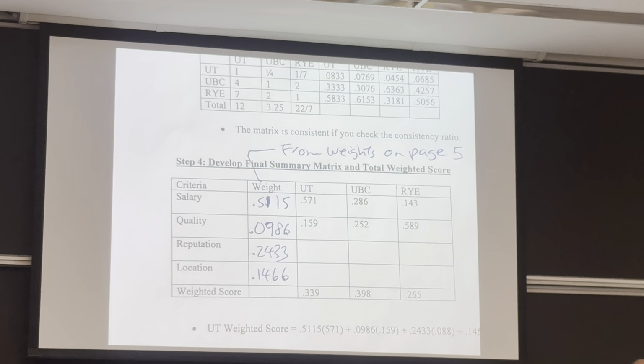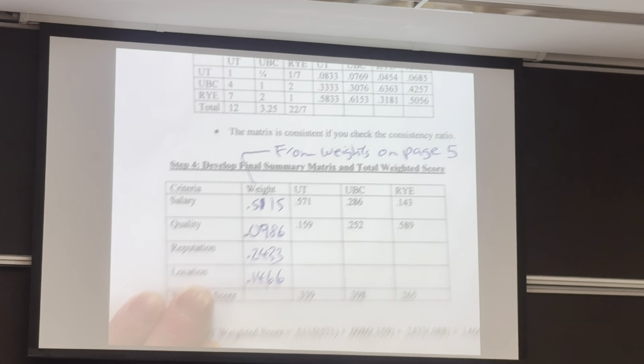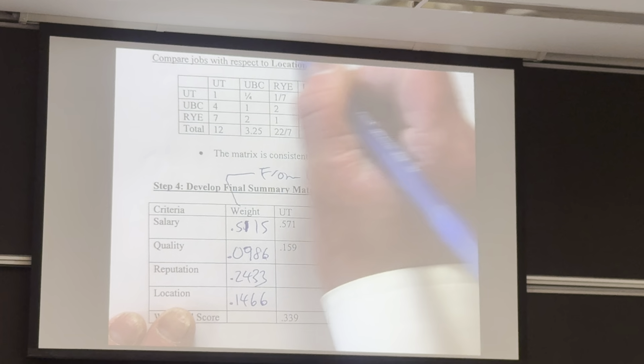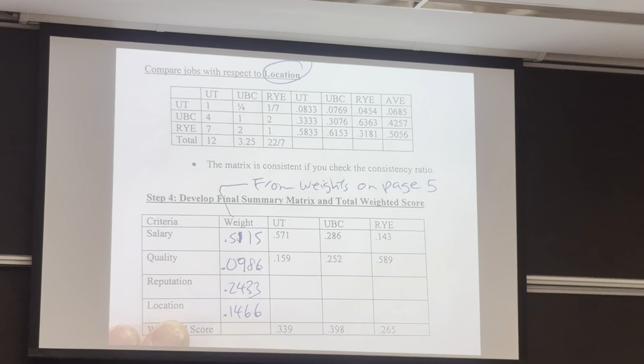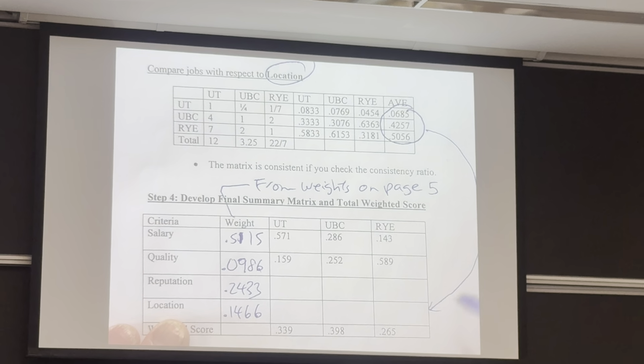Then we copy the ratings from the tables here. When you look at the ratings for, say, location, you'd be looking at the location table, and there are the ratings, and that's what we would put here.